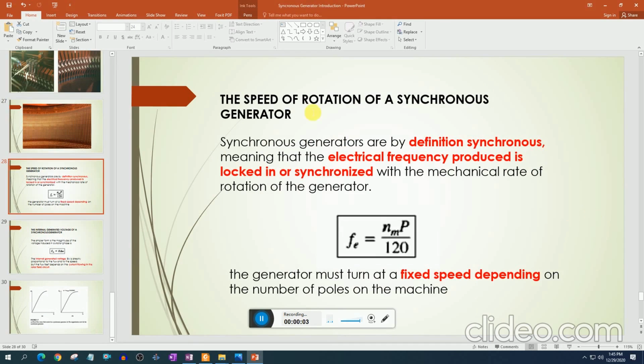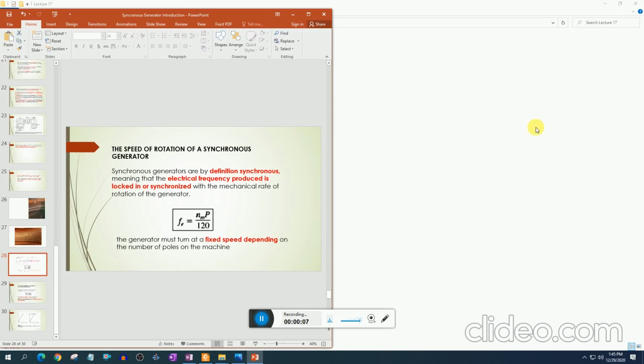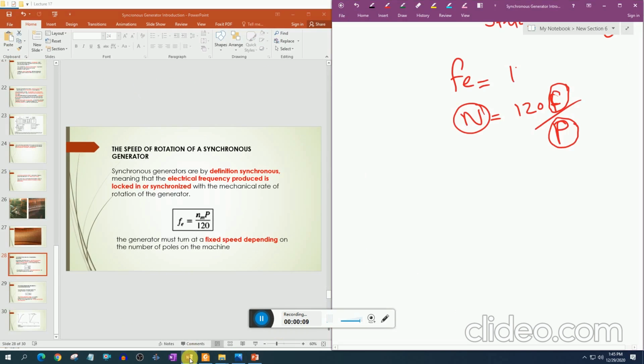Now the next topic is the speed of rotation of the synchronous generator. As we already studied in the induction motor, the synchronous speed is given as n equals 120f over p.